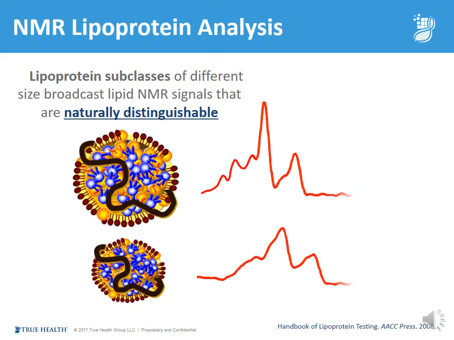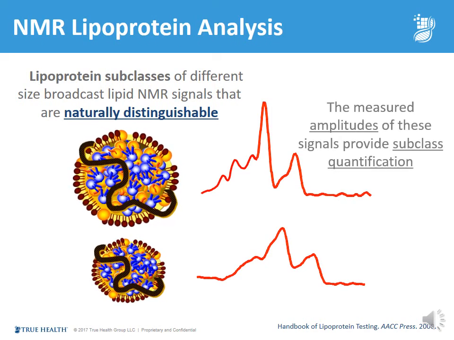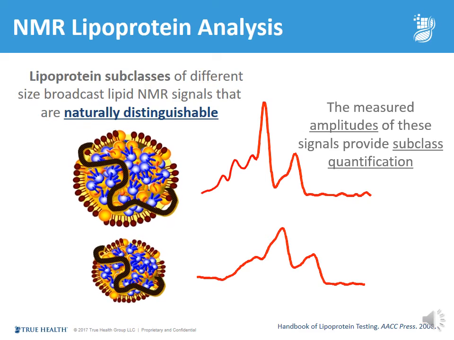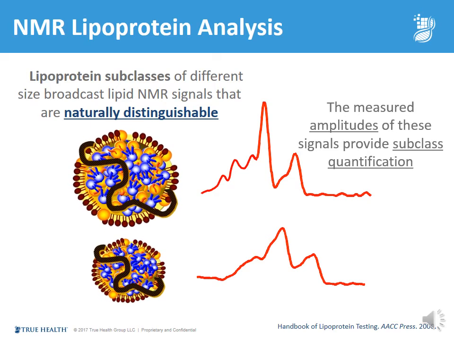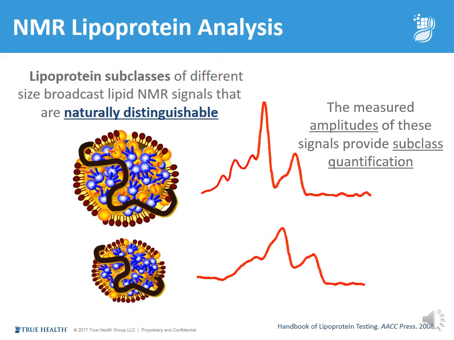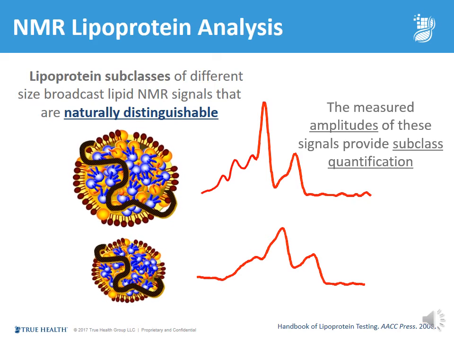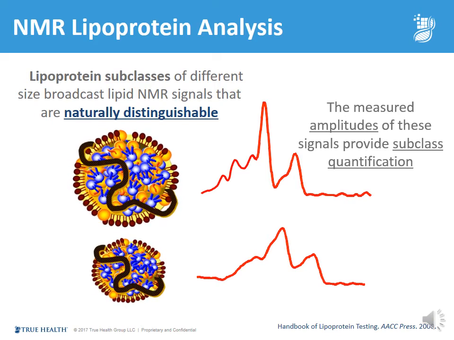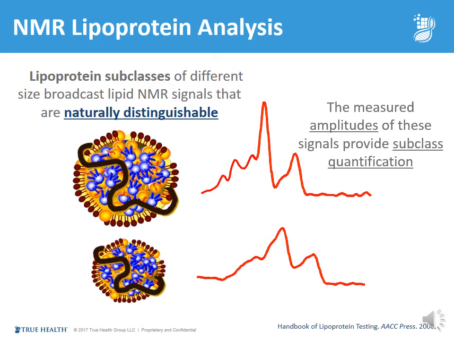Let's talk about nuclear magnetic resonance lipoprotein analysis. In this methodology, lipoproteins are subject to magnetic waves, which set off spectral signals as atoms in the methyl groups start to oscillate. And these are naturally distinguishable spectral signals. And through advanced calculations, the spectral signals can be translated into particle sizes and particle concentrations.